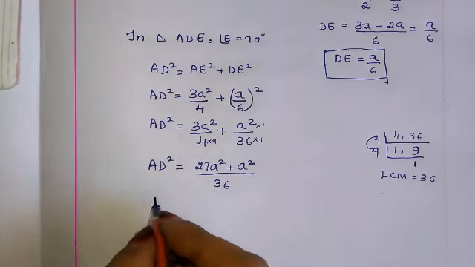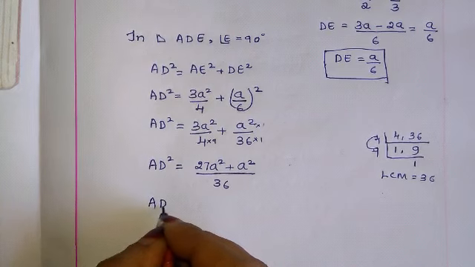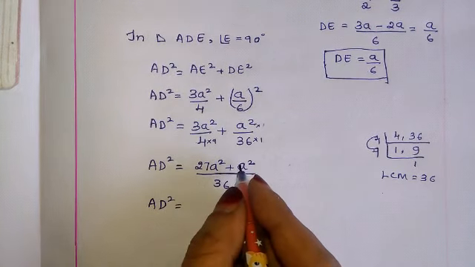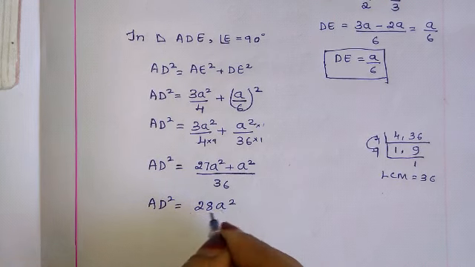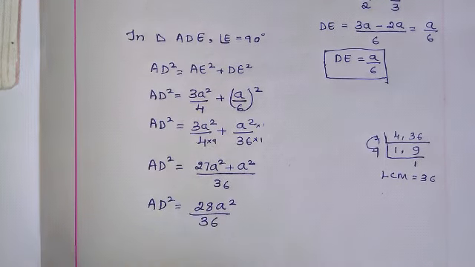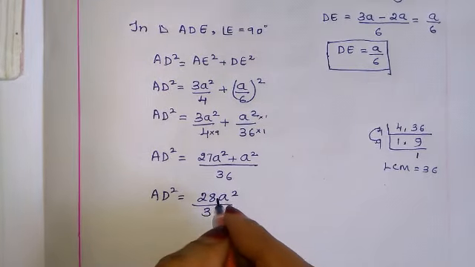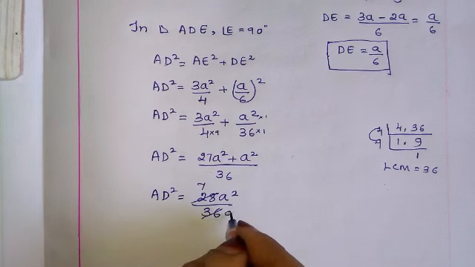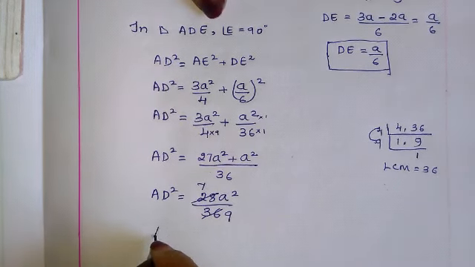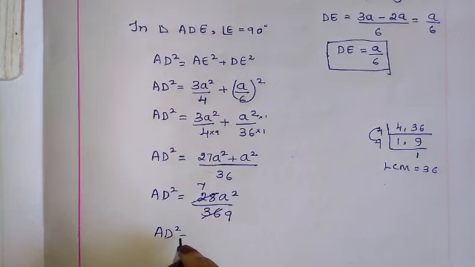Clearly I have explained. AD square is equal to 27a square plus a square, 28a square upon 36. It cancels properly: 4 sevens are 28, 4 nines are 36.